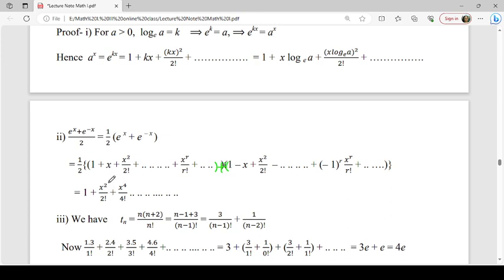When the power is even, these terms will come.